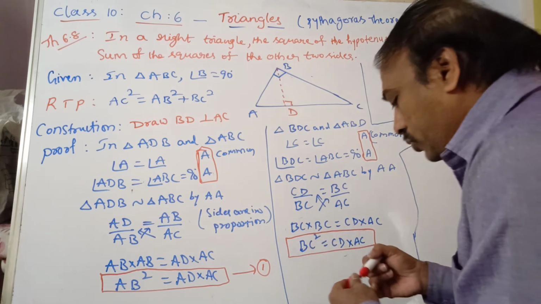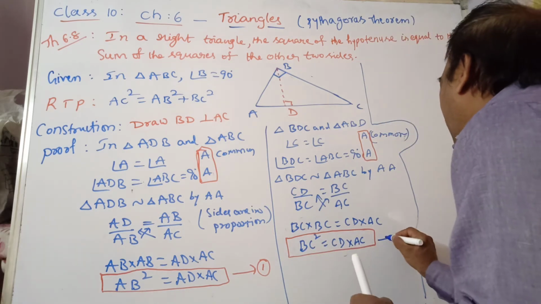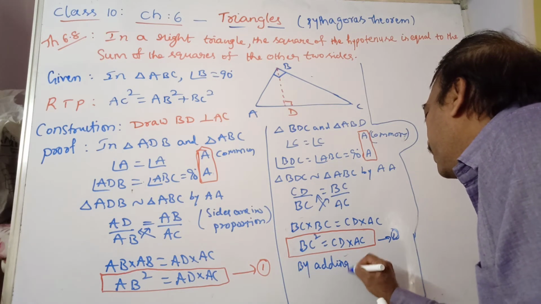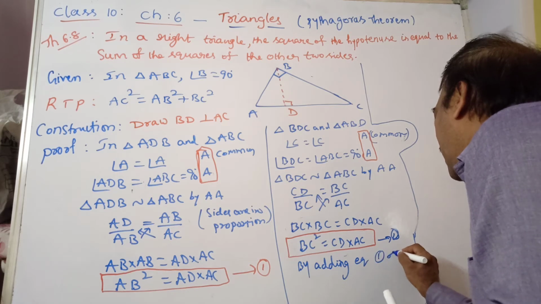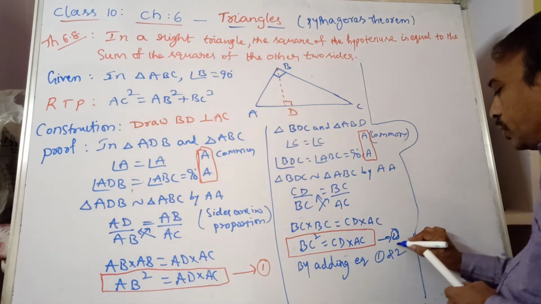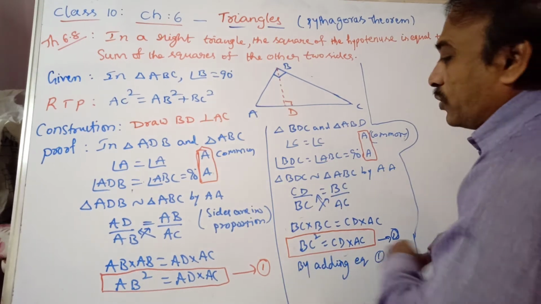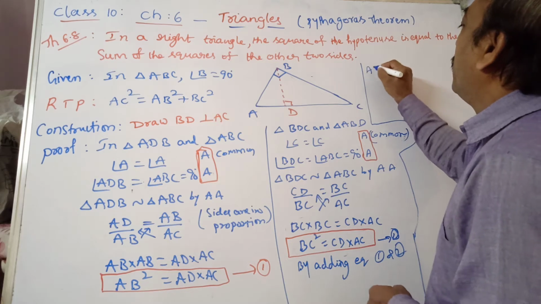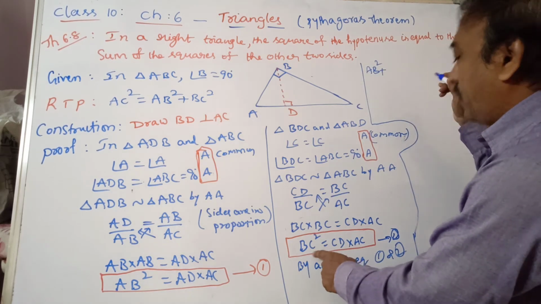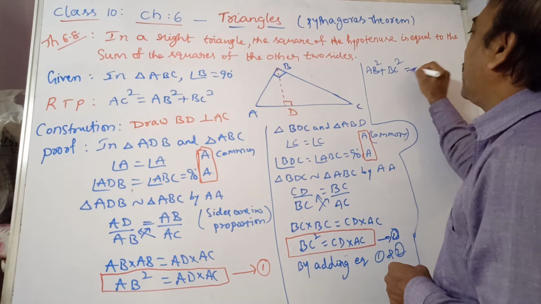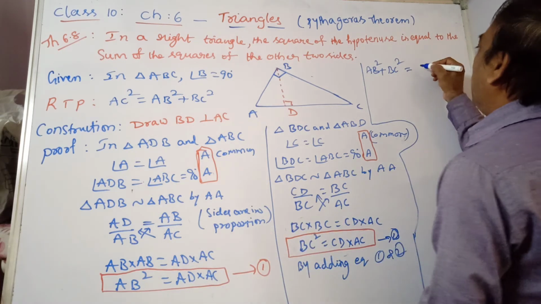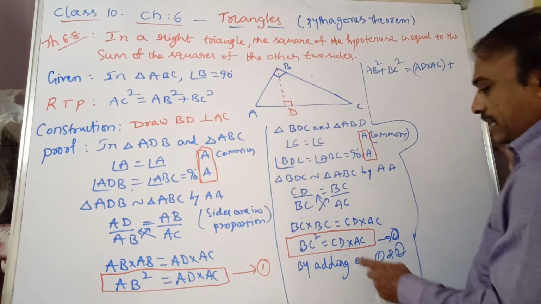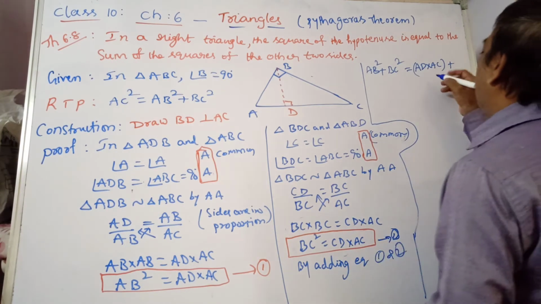So when you add equation 1 and 2, LHS and RHS: on the LHS you have AB square plus BC square, is equal to, on the RHS, AD into AC plus again CD into AC.